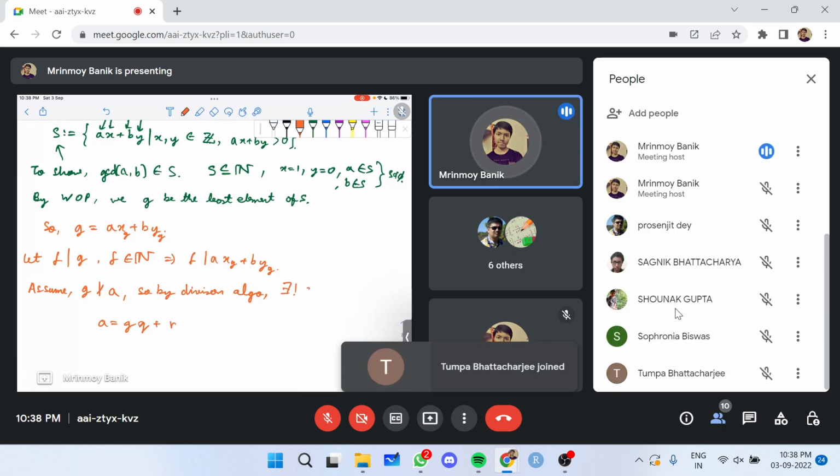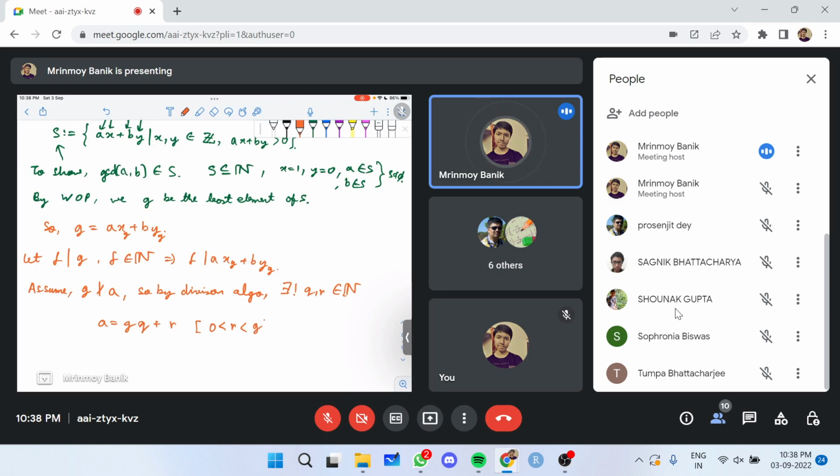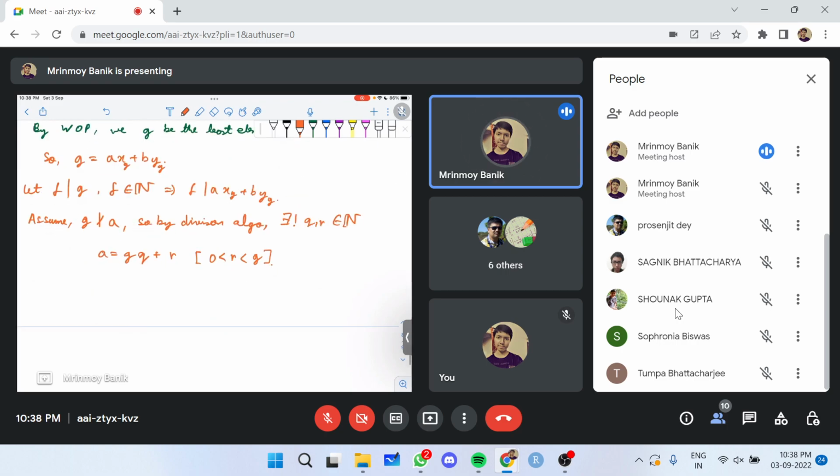So there exist unique q and r inside naturals such that this happens, and the condition on r is strict on both sides, bounded by 0 and G. We don't need the uniqueness here, but this inequality is important now. So we get r equals a minus G q.